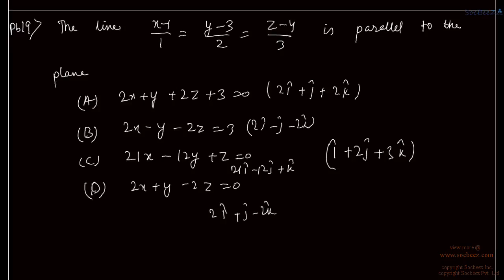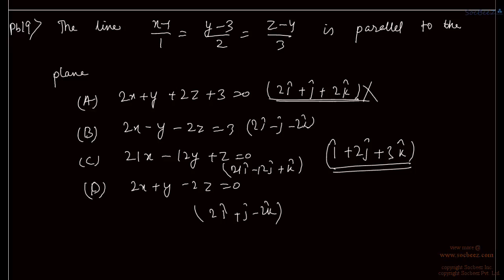So we see which of the dot products is 0, then that plane is parallel to the given line, because that normal vector is perpendicular to this direction ratio vector. So this will not be a solution, because this vector dot this vector cannot be 0.